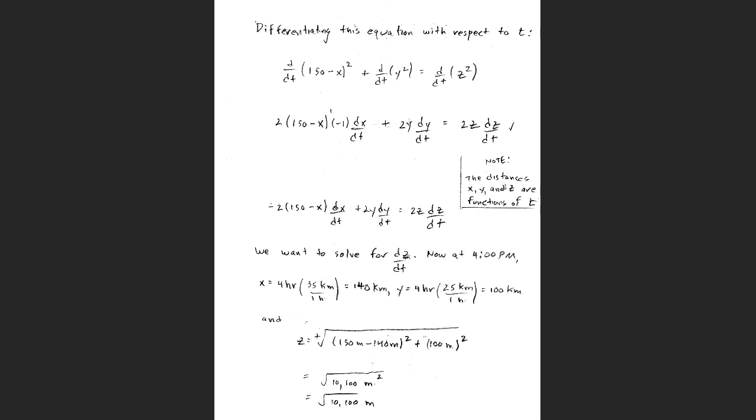Okay, so I differentiate this equation with respect to t. And of course, I'm going to use implicit differentiation. In this step I'm using implicit differentiation and the chain rule, but implicit differentiation really is the chain rule.